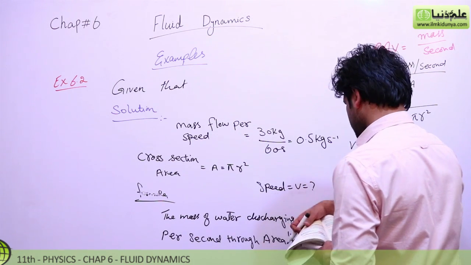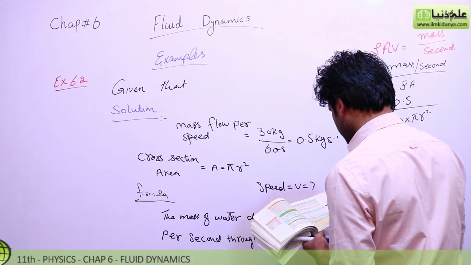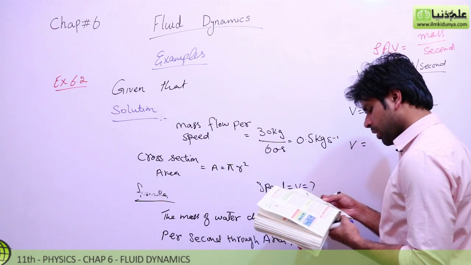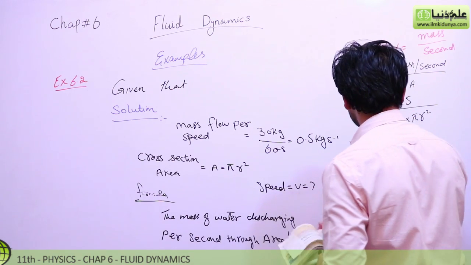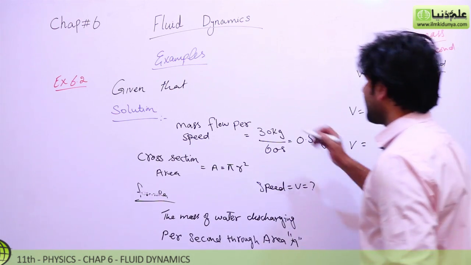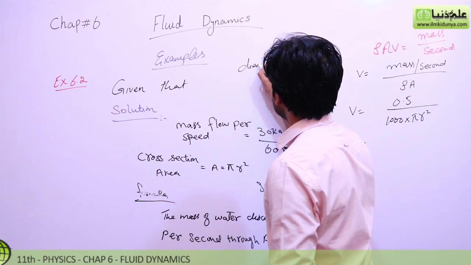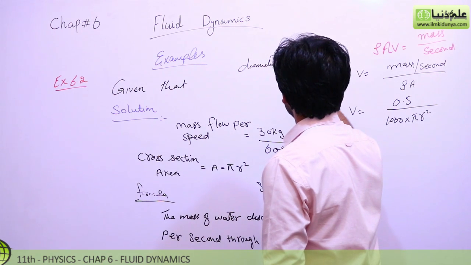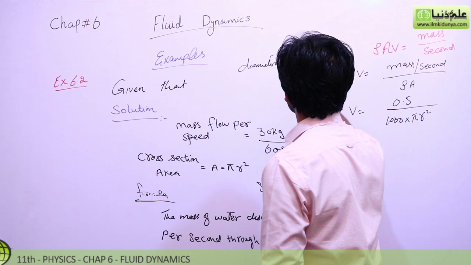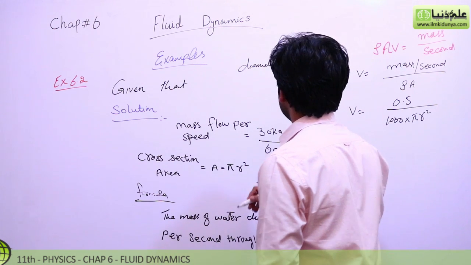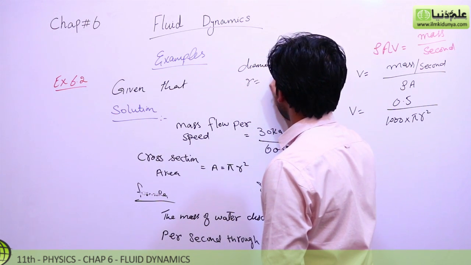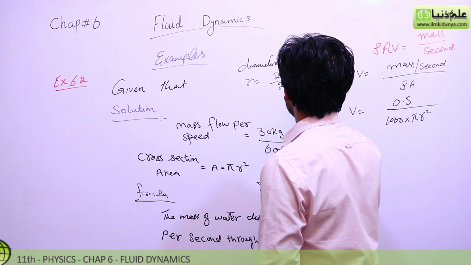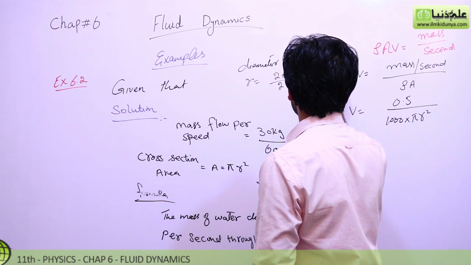Another thing which is given in your numerical problem is the diameter, 20 millimeter, and the radius should be half of the diameter, so 20 divided by 2, which is 10 millimeter is the radius.